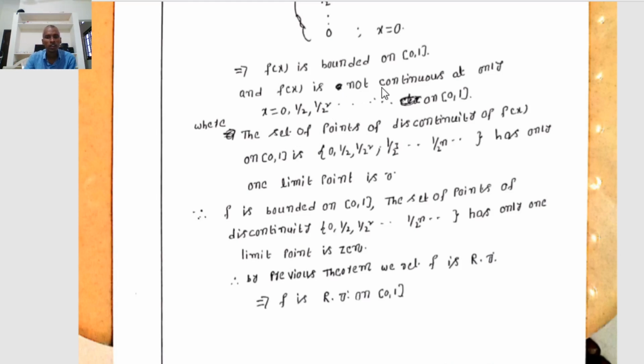Here f(x) is not continuous at x = 0, 1/2, 1/2², 1/2³, and so on, in [0, 1]. The set of points of discontinuity of f(x) on the closed interval [0, 1] is the set {0, 1/2, 1/2², 1/2³, ...}. This set is infinite, but it has only one limit point, which is equal to 0.